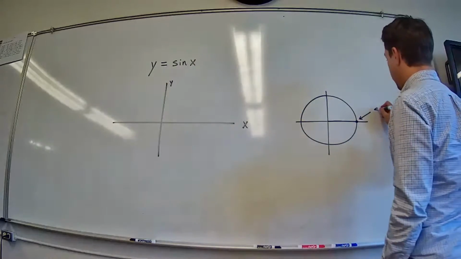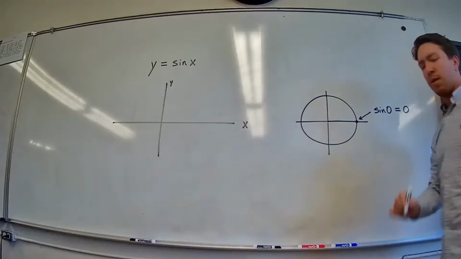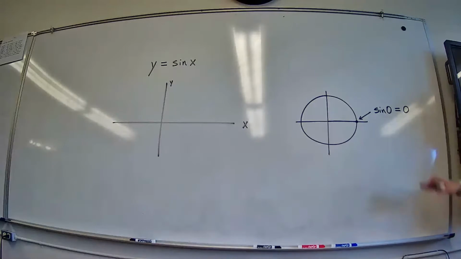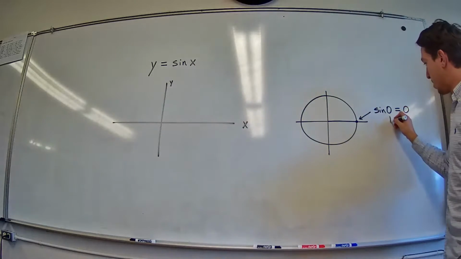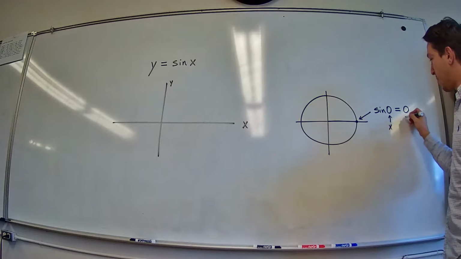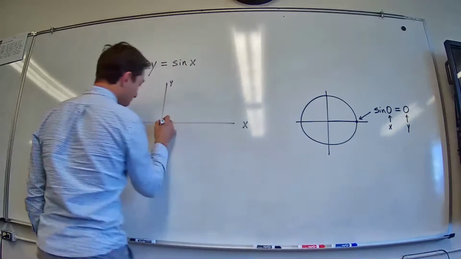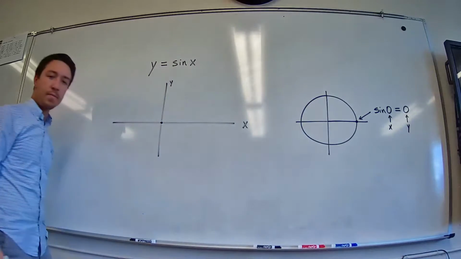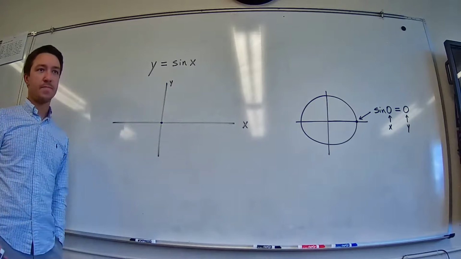So I might write the sine of 0 is equal to 0, right? Now, since I'm trying to graph it, this 0 is my x value, and this 0 is my y value on this graph. So right there like that. All right? We're done. That's the whole graph.